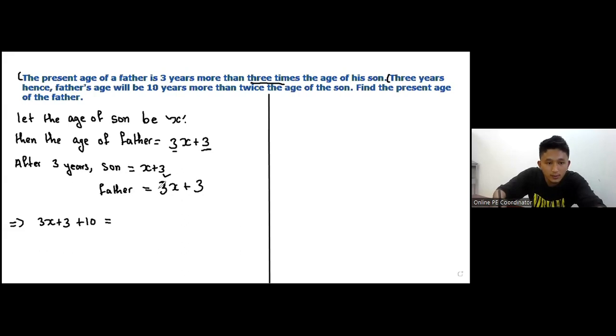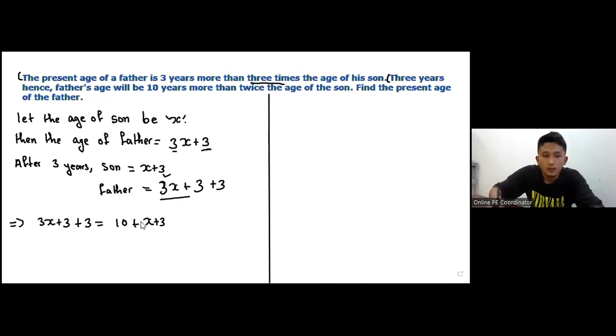So after 3 years, the father's age, 3x plus 3 plus 3, will be 10 years more, that is 10 plus twice the son's age, 2 times x plus 3. Let me rewrite this. After 3 years, the father's age is 3x plus 3 plus 3, and this equals 10 plus 2 times the bracket x plus 3.